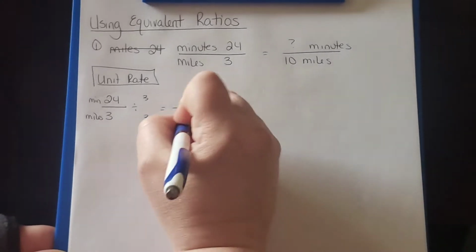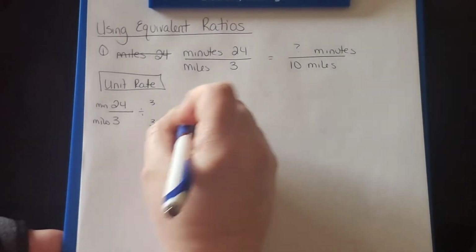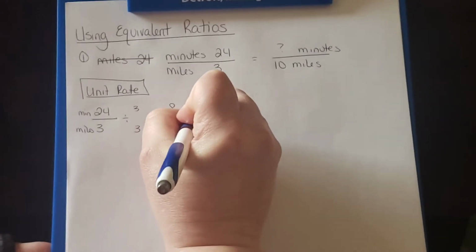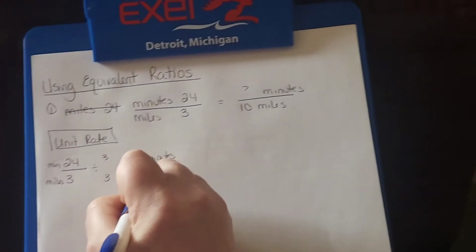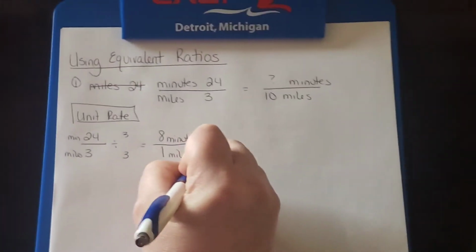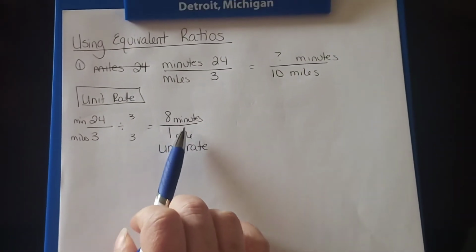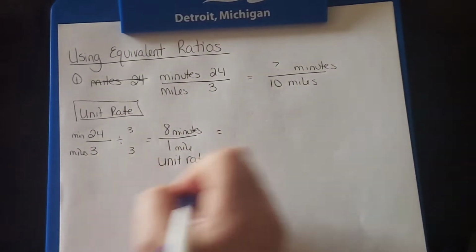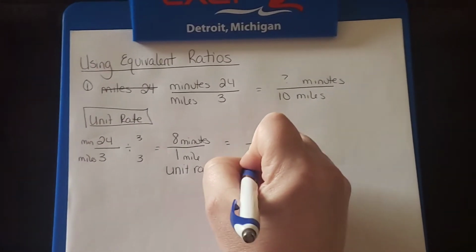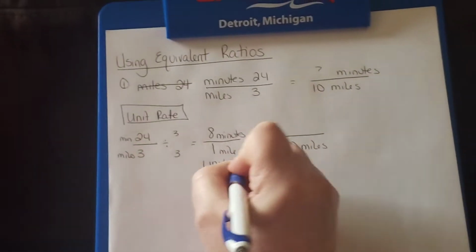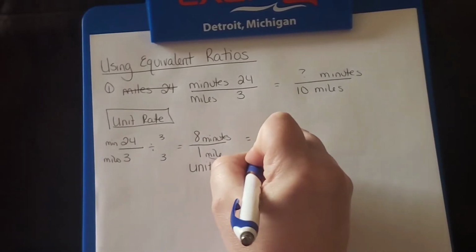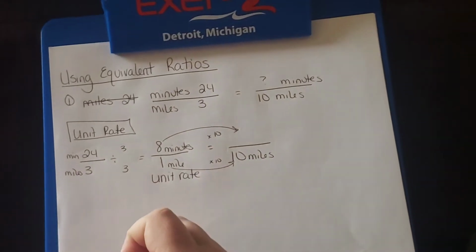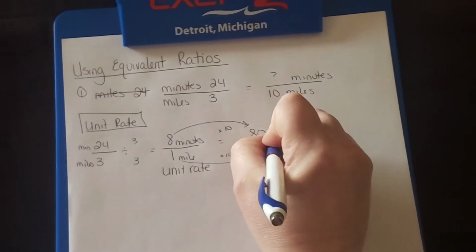So 3 divided by 3 is 1 mile, and 24 divided by 3 is 8 minutes. So this is her unit rate. She can run 1 mile in 8 minutes, which would make you get to 10 very easily. 1 times 10 is 10, and so 8 times 10 is 80 minutes.